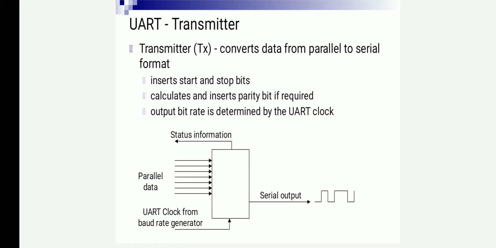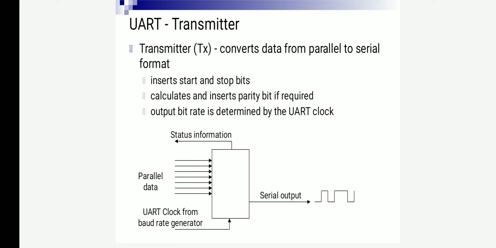Now the UART transmitter part. The transmitter section of the UART converts data from parallel to serial format. So at the transmitter end of the UART, the incoming data is in parallel mode and it converts this incoming parallel data into serial format, and then this serial data is transmitted to the receiver end.